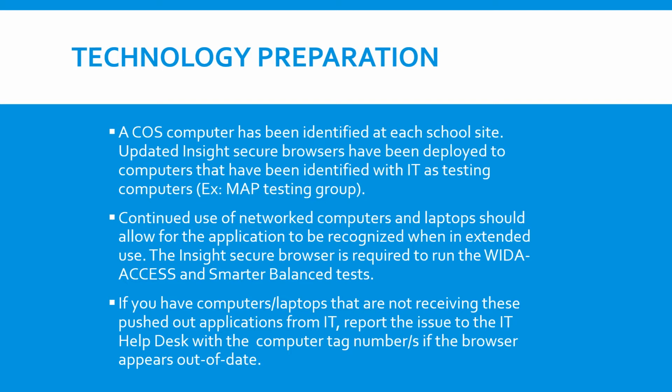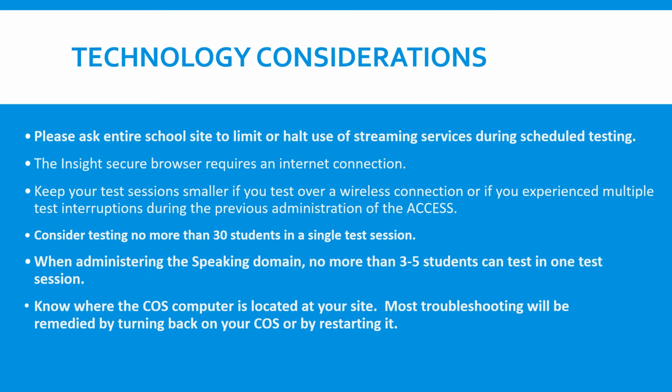The COS also transports student responses back to DRC servers. The Insight Secure browser is what students will use to access the assessment. These browsers must be installed on student devices in order for them to test.